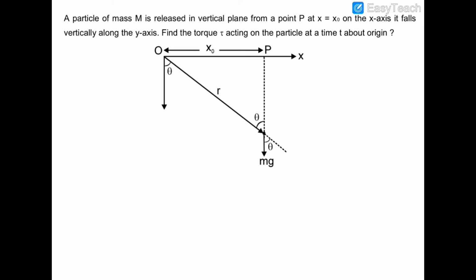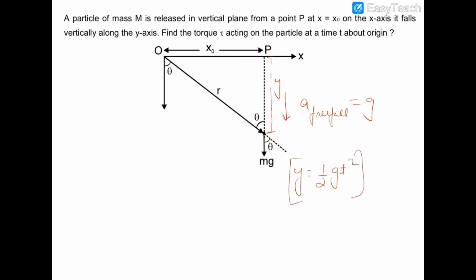Now obviously this particle is falling freely, so acceleration in free fall is always equal to g, and therefore this distance, let's suppose it is y, would be equal to half g t square. So this is the distance y. Now we have to find out the torque of this force mg about point O.